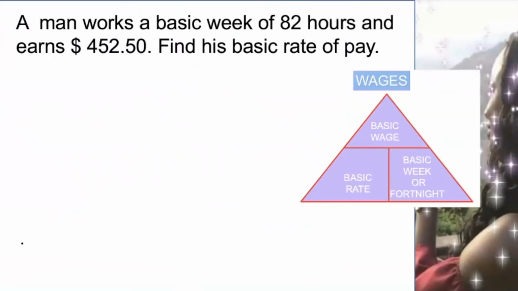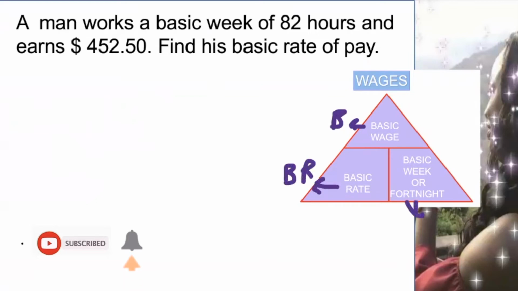The next question, a man works a basic week of 82 hours and earns $452.50. Find the basic rate of pay. Once again, labeling basic wage as B. That's my label. Basic rate as BR.